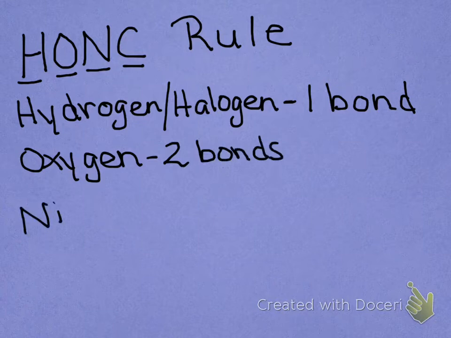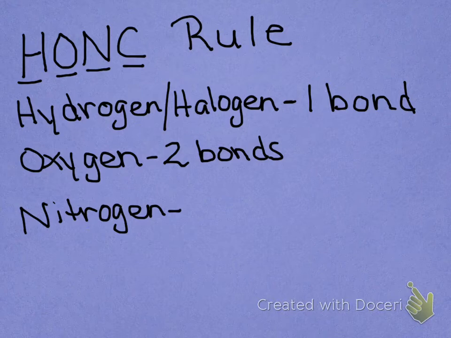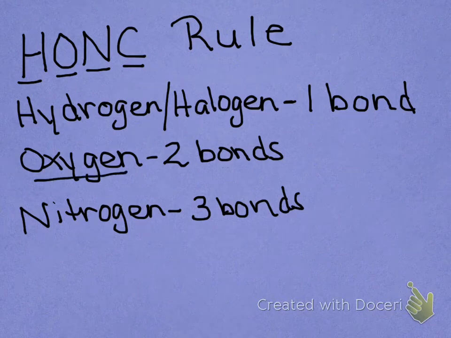N stands for nitrogen, and actually not just nitrogen, but everything in the same group, so everything in group 15 can form 3 bonds. Alright, the same thing when I talk about oxygen. I'm not just meaning oxygen, I'm talking about oxygen and sulfur and selenium, everything in group 16.